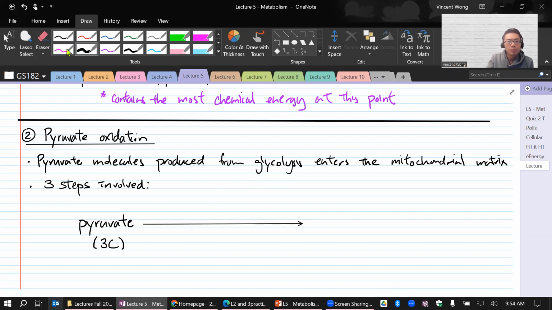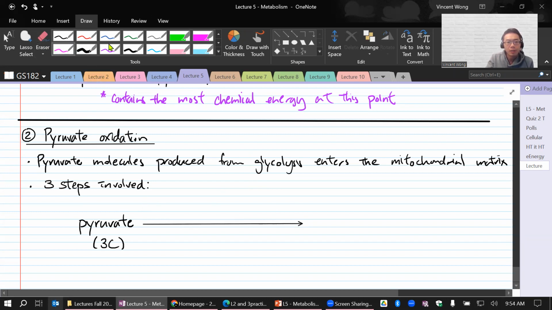Okay. So I'm just going to draw it out for you. First, we are going to remove a carbon dioxide. Okay, so this is called decarboxylation, removing the carbon dioxide.